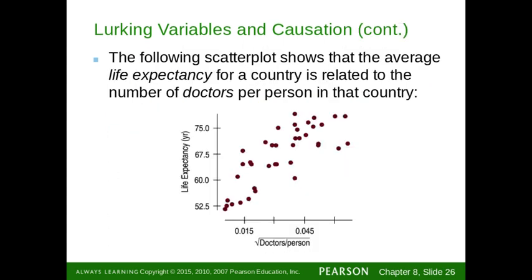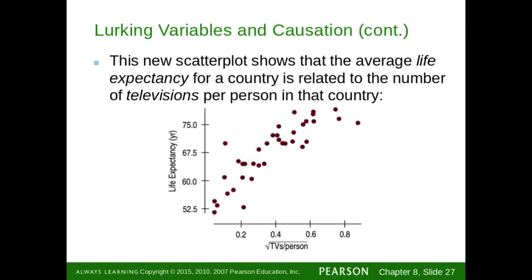So the following scatter plot shows that the average life expectancy for a country is related to the number of doctors per person. That makes sense. The more doctors you have, the longer people live. This is a scatter plot that shows that the average life expectancy for a country is related to the number of televisions per person. So what we're talking about is resources, right?